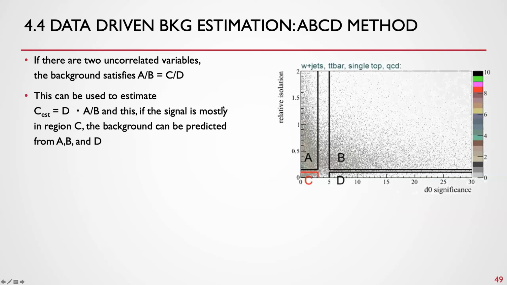The data will not tell you, because you're using the data to obtain an estimation for the background in the region C, but you also suspect your signal here. So you cannot use these 4 numbers to check the relation. You use these 4 numbers to obtain a prediction. So there are assumptions entering here, but that's a procedure that's highly data-driven.